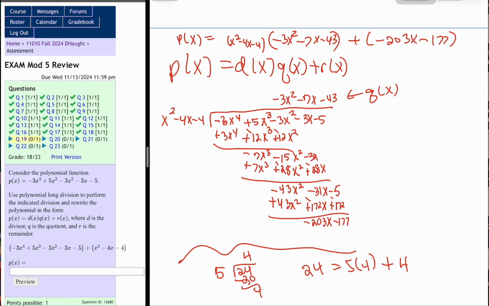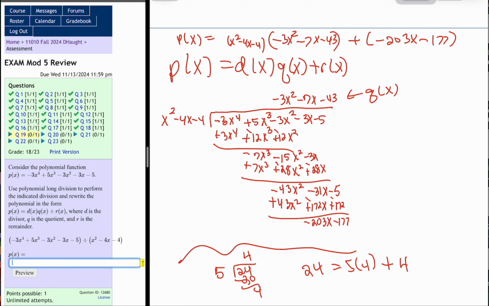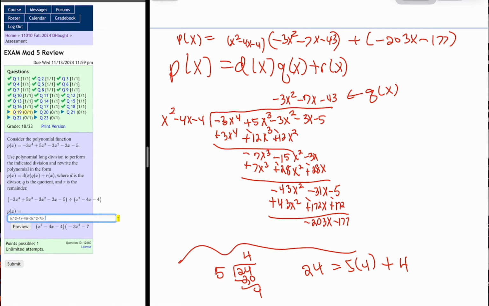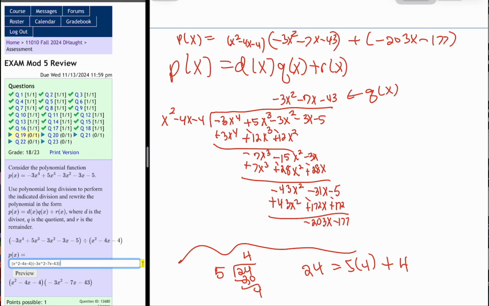Now I have to try to enter that into iMath. So we're going to get x squared minus 4x minus 4 times negative 3x squared minus 7x minus 43 plus negative 203x minus 177.